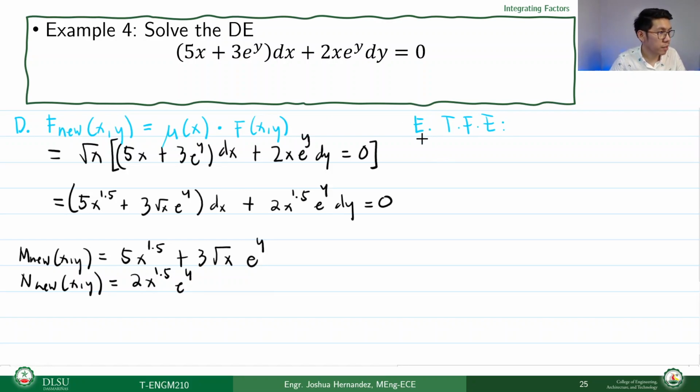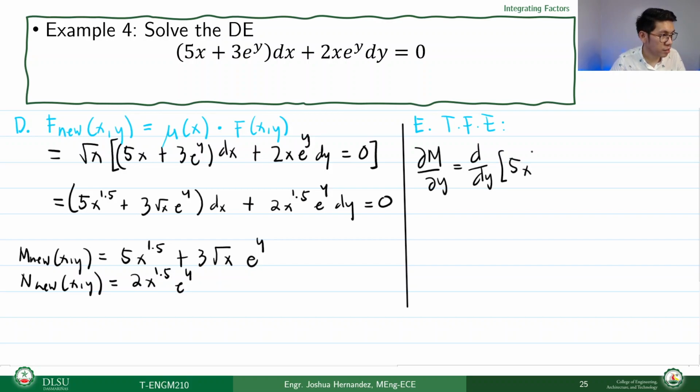Taking the partial derivative of m with respect to y, this is the derivative with respect to y of 5x raised to 1.5 plus 3 square root of x e to the y.